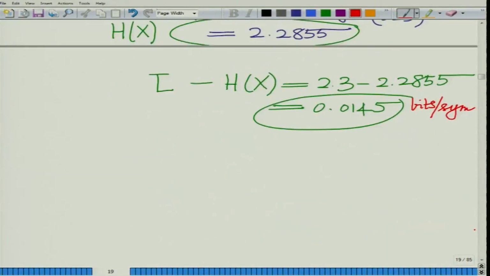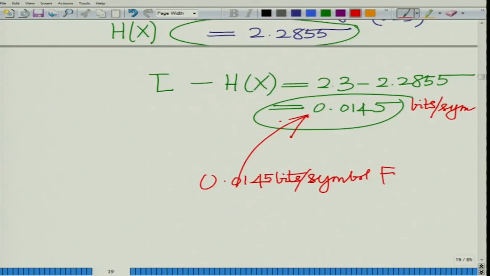So the Huffman code is only 0.0145 bits per symbol from the lower bound, which is given by the entropy.